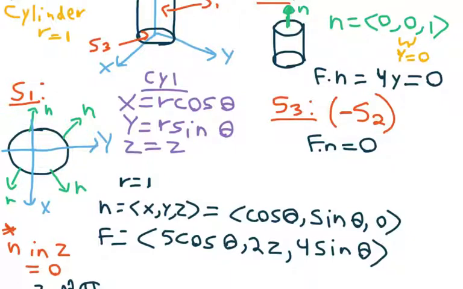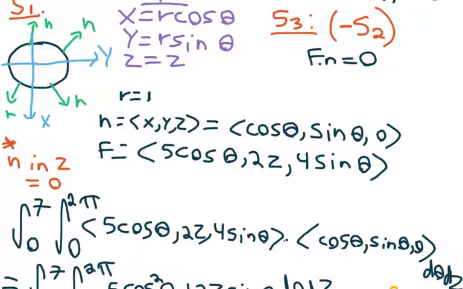So it's never going to be going along z. The normal is simply going to be ⟨cos θ, sin θ, 0⟩, since the radius is 1. And then for our F vector, we replace the x and the y by cos θ and sin θ respectively, and the z we keep as it is. That gives us the new vector you see over here.